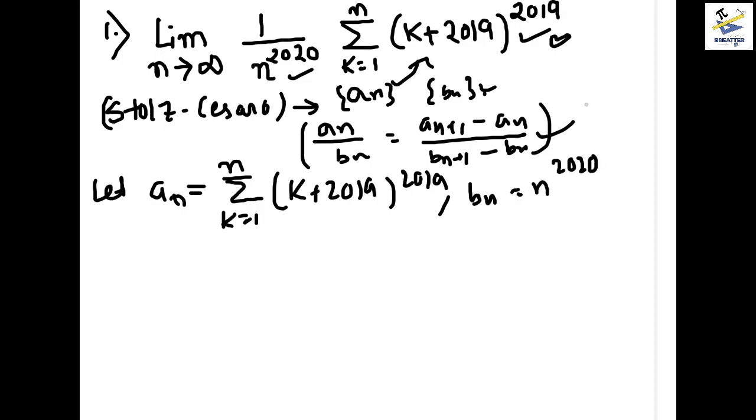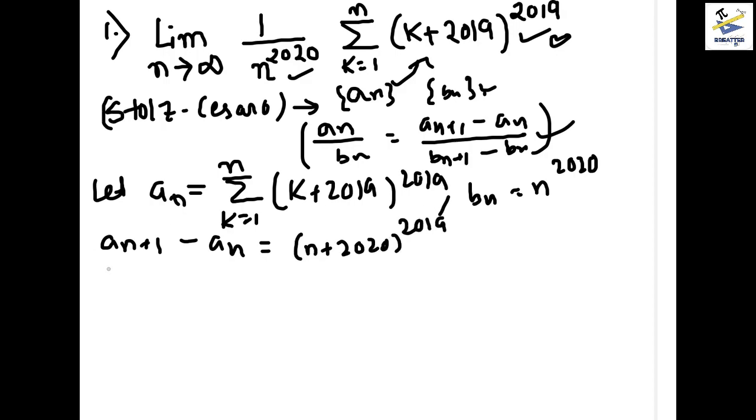If this limit exists, so does an by bn, which we want to find, and the values of the limits should be equal. Since an is a sum, an plus 1 minus an should give you the n plus 1th term. With k plus 2019 as the term, that gives n plus 1 plus 2019, that is n plus 2020, to the power 2019, and that's what it should give.